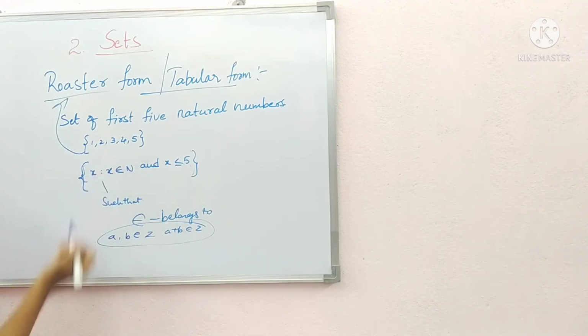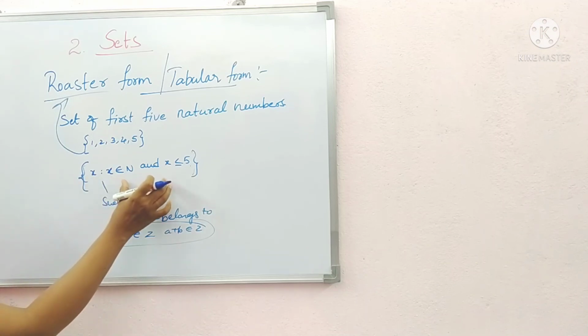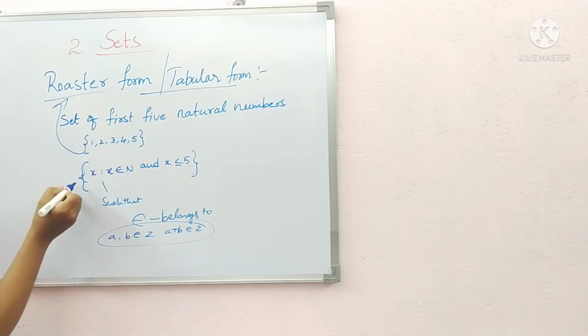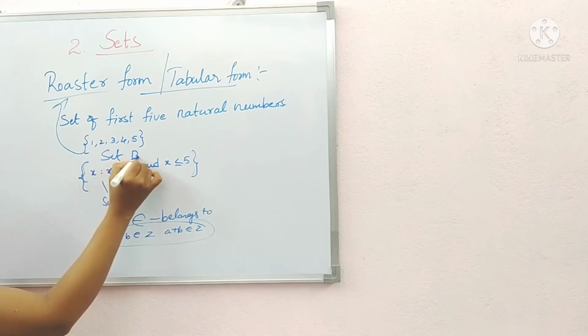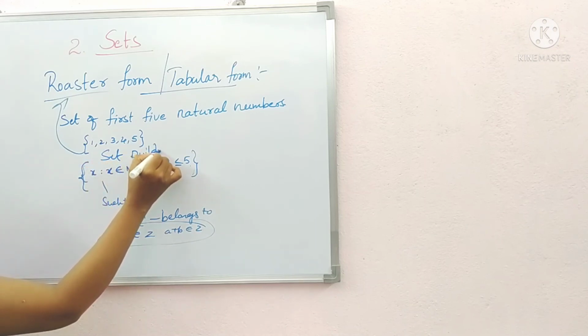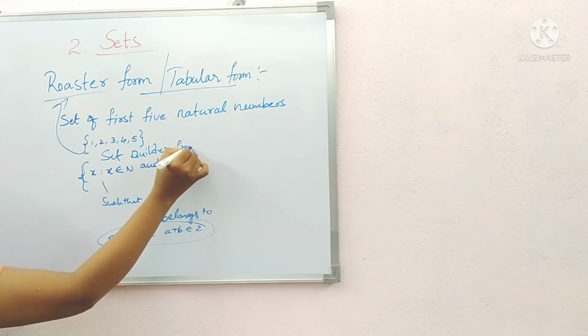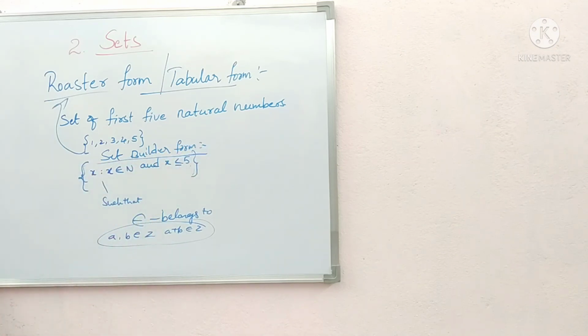Okay, this 'belongs to', and this common property I wrote, this form is called set builder form. What is set builder form? If a common property or a rule is written, then it is called set builder form.